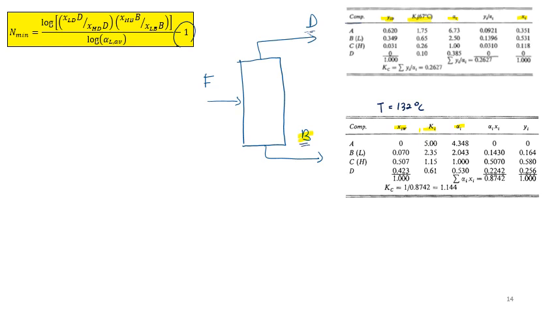Okay, so now what you have to do is identify the values for XLD, D, XHD, XHB, XLB, and the relative volatility. The average relative volatility is actually the geometric mean of alpha L at the top and alpha L at the bottom product.